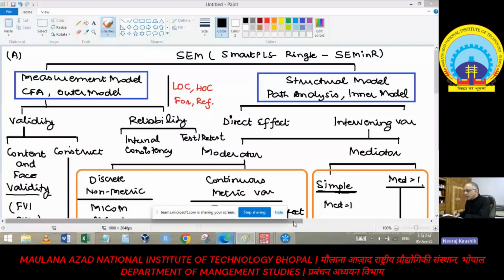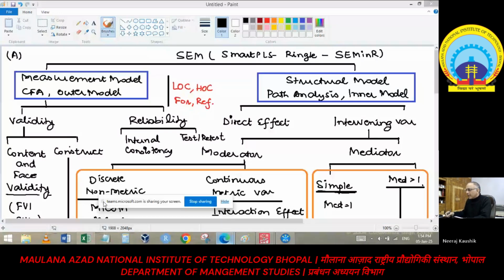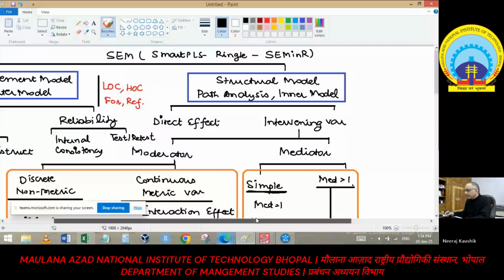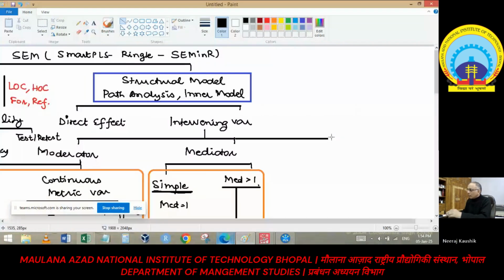We check that. And then the third thing we can update in this diagram will be the model comparison. So we can check whether one model is better than the other model in PLS-SEM also.